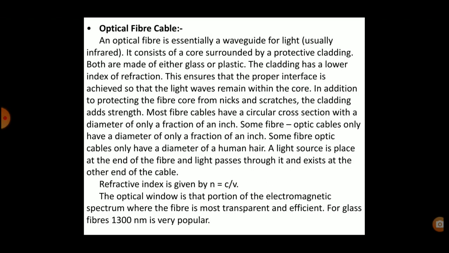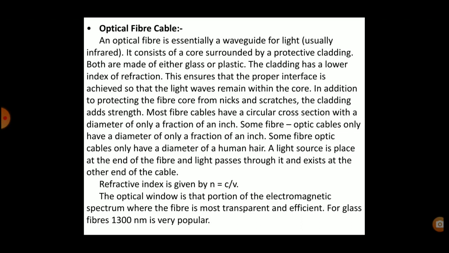Optical fiber cable. An optical fiber cable is essentially a waveguide for light. It consists of a core surrounded by a protective cladding. Both are made up of either glass or plastic. The cladding has a lower index of refraction. This ensures that the proper interface is achieved so that the light waves remain within the core.